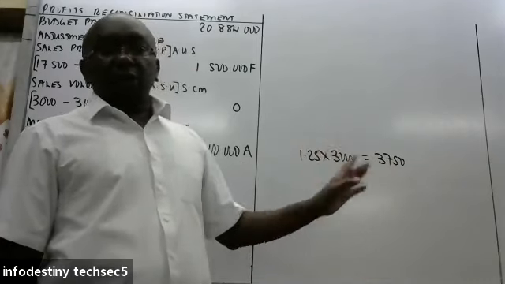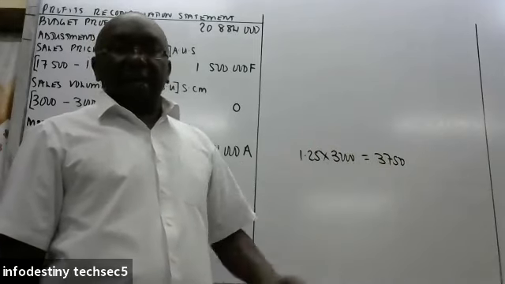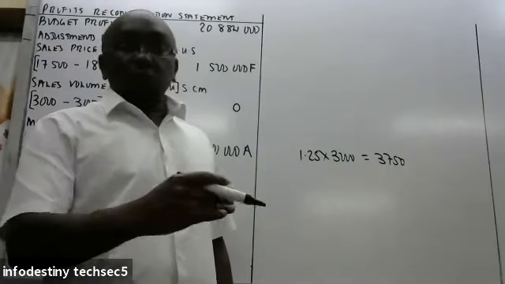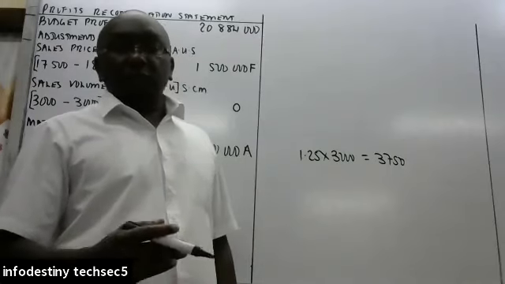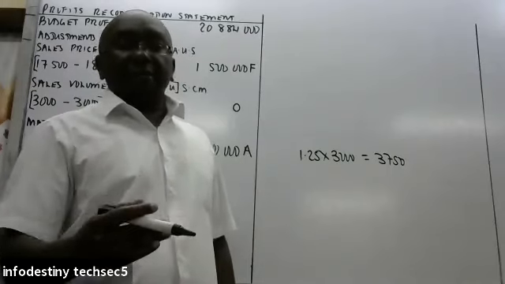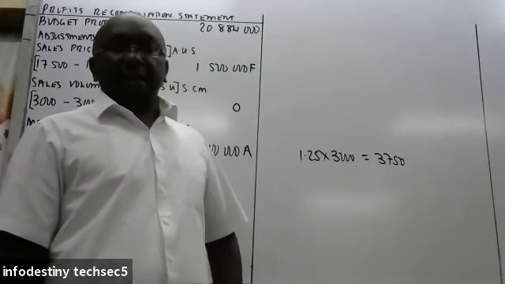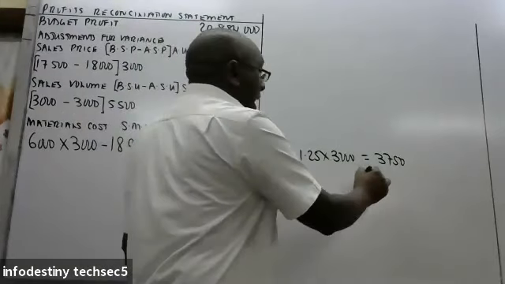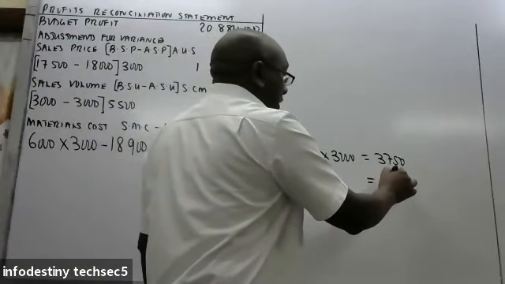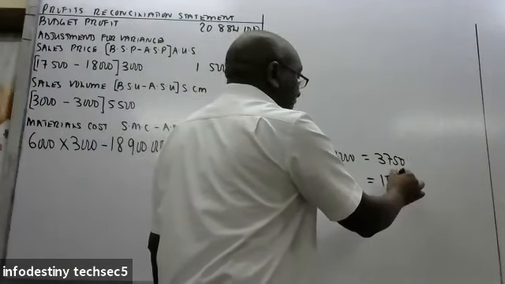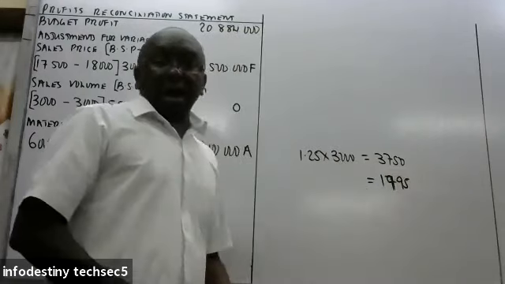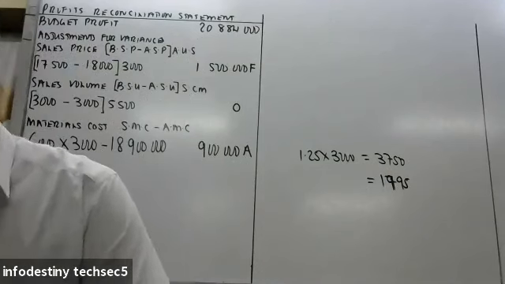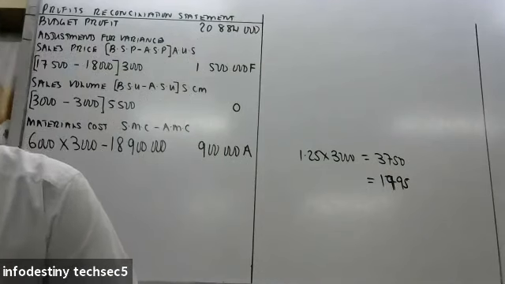But when we introduce learning curves, which we had last time, it says that as you do more units, time taken gradually declines. Based on that, we got 1795. So that is the reason why we shall not use the total. We shall use the components.